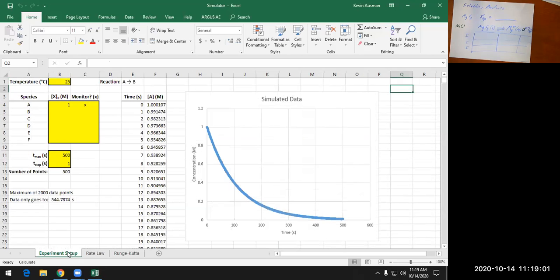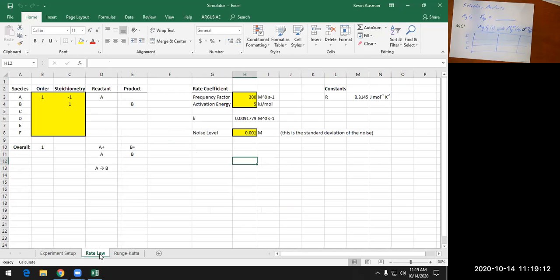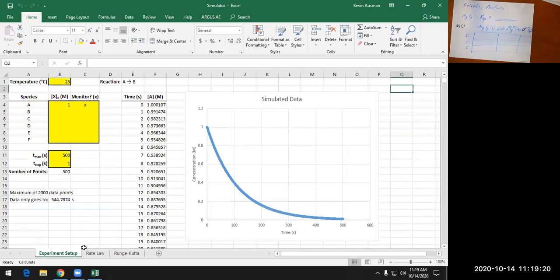So for the exam, you will only have access to something like this front sheet. For this practice spreadsheet, you have access to the middle one, so you can change which reaction you want to look at. The general design philosophy of these sheets is that the only things you should change are the things that are in yellow.